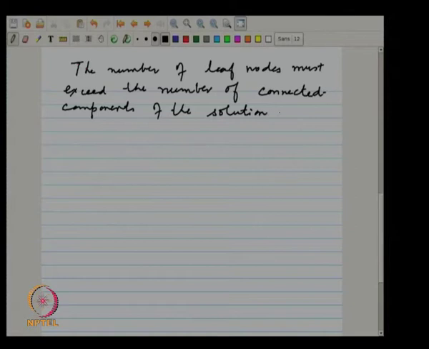The solution space has n factorial connected components. So, every region has at least one leaf, and we are only arguing greater than or equal to. Every region may have more than one leaf node, but certainly the number of leaf nodes must be more than the number of regions. That is all we need.